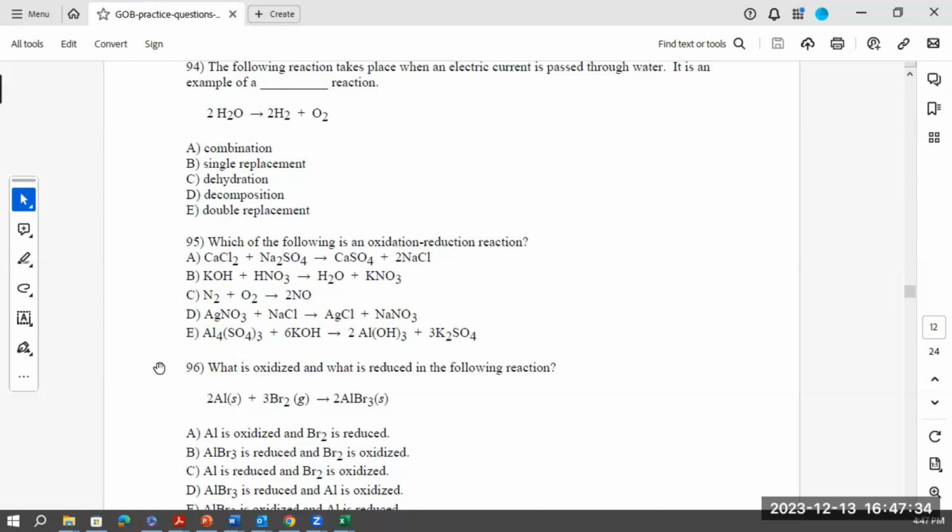Or if you're adding on an oxygen, then you're oxidizing, right? So, for instance, if you burn up sugar or hydrocarbons, that's oxidizing. That's an oxidation reaction. If you add hydrogen, it reduces. If you add oxygen, it's oxidized. So that's one quick way of looking.